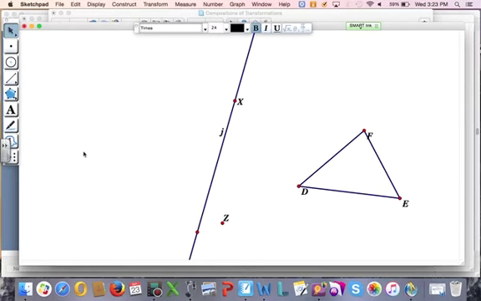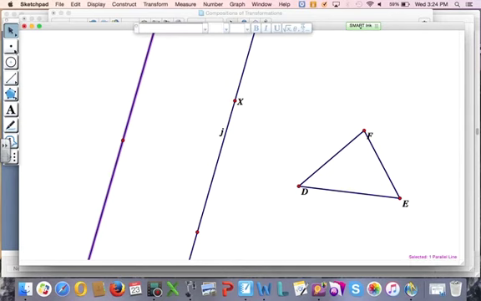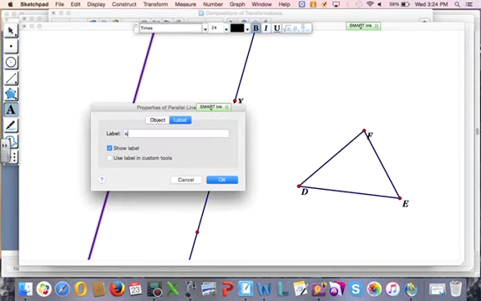And I've got a few extra things that I don't need, so let me get rid of them. And I want a line that's parallel to J this time. So I'm going to tell my program to construct through this point, and parallel to this line, a parallel line. So now I've got parallel lines, okay? I'm going to call this line K.